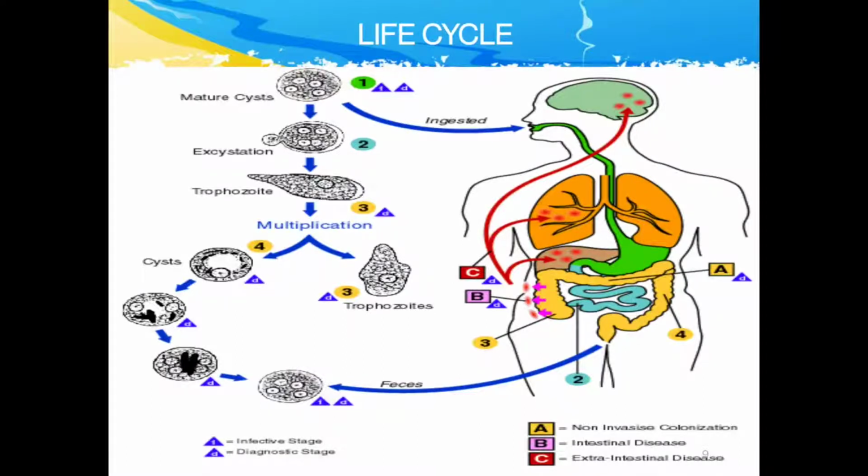As shown in the diagram, there are symptoms like intestinal problems or extra-intestinal disease caused by amoebiasis, and it goes to the brain and causes disease.